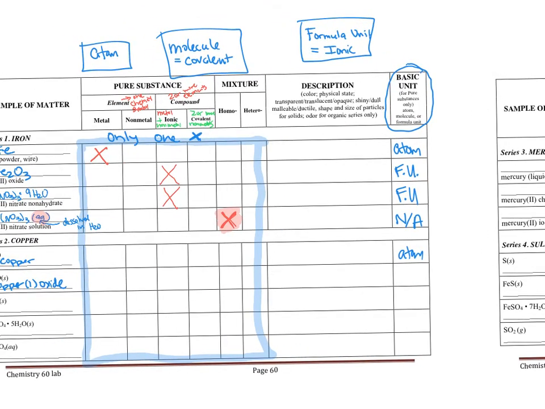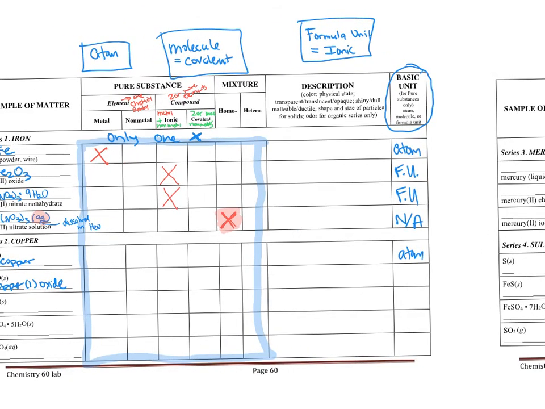So we went over atom, molecules, and formula units. So for every single sample of matter, you need to have something in this column completed. Remember, if it's a mixture, it's not applicable. One chemical symbol, atom, ionic formula unit. If it's covalent or a diatomic element or polyatomic element, we also have a molecule.